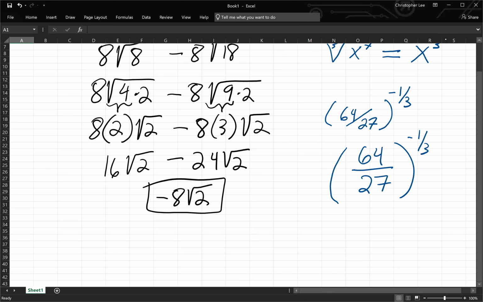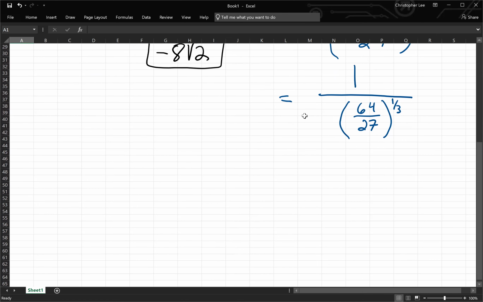So I'm going to rewrite this as 1 over 64/27 to the 1/3 power, right? And now let's take a look. We're raising that part to the 1/3 power. So everybody gets the 1/3. So this is 1/64 to the 1/3 power over 27 to the 1/3.